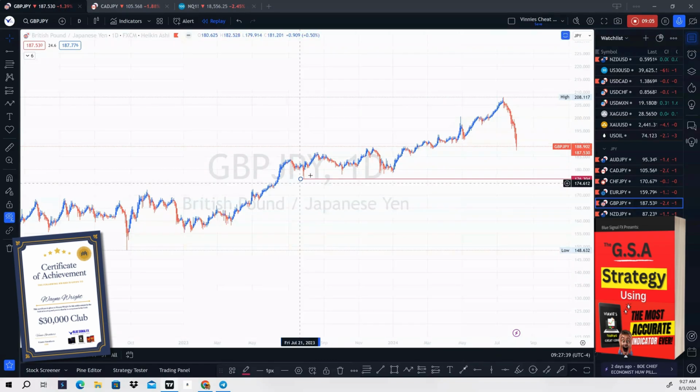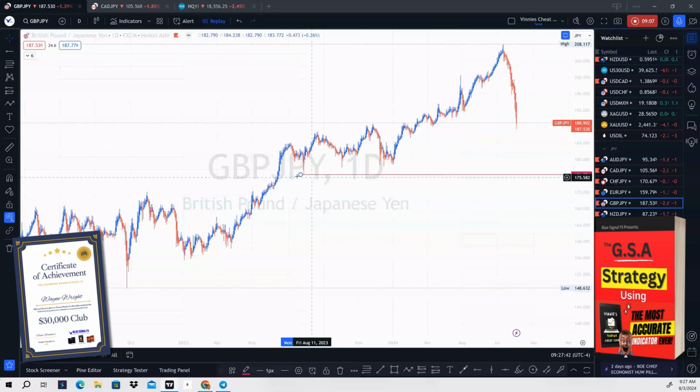Yeah, probably this low right here. Once that low is broken here, I know we have definitely changed directions and we are in a downtrend. But until then, price could still come all the way back down here to this area and price could still be bullish. Okay. But I know that the overall trend on GJ is bullish.